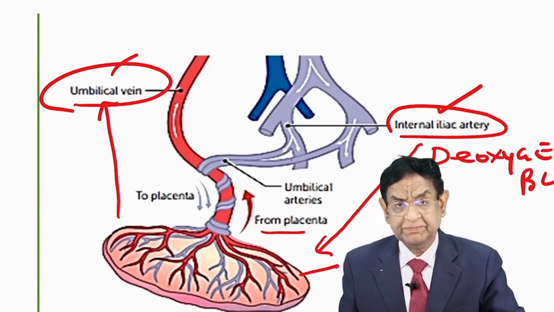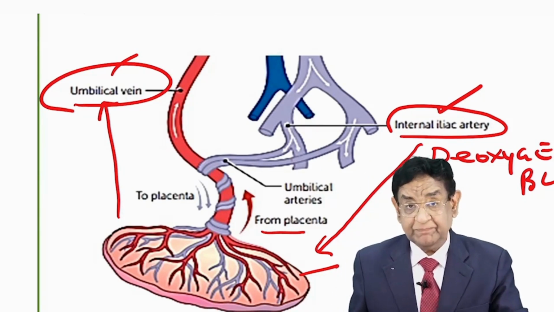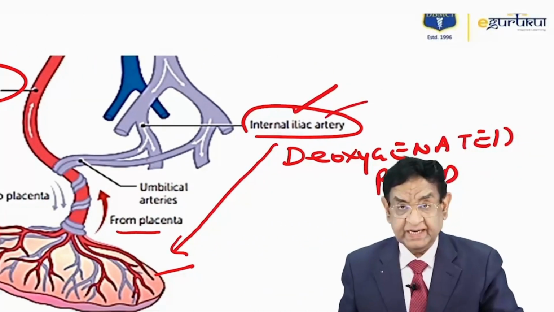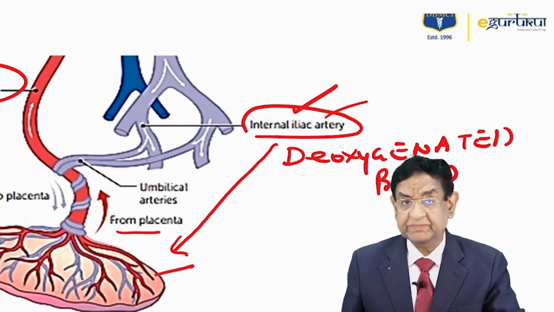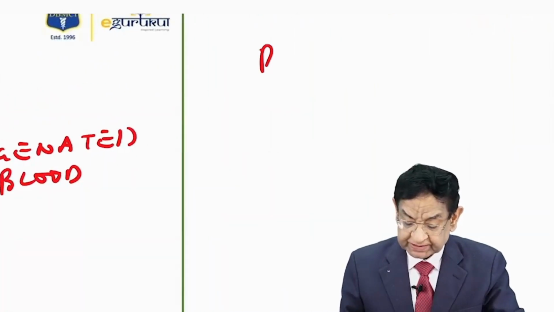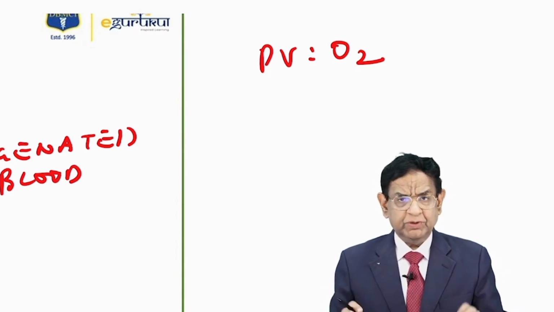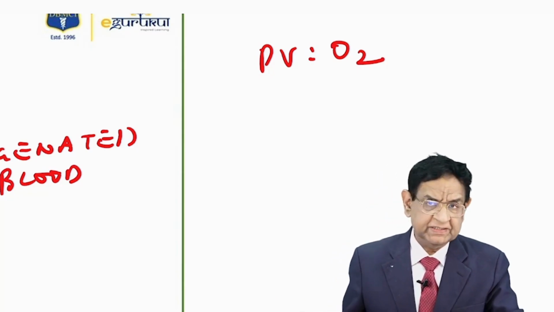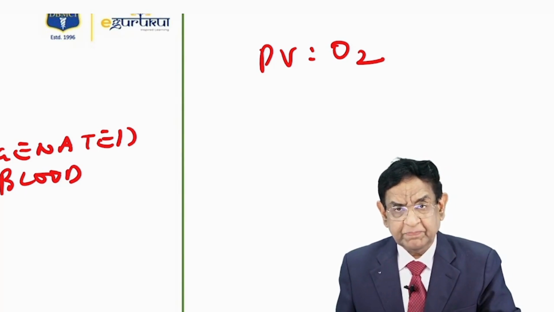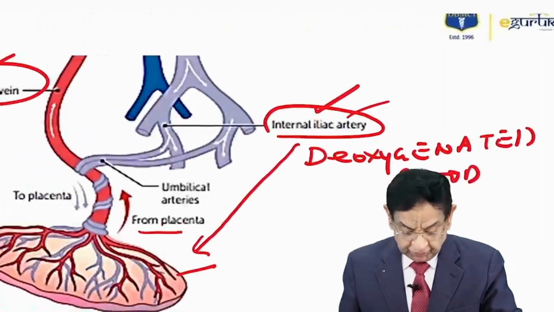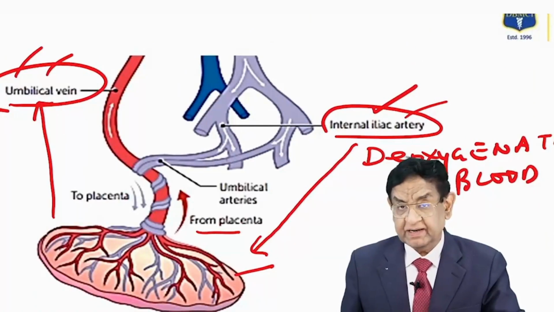So this is the one exception in the pediatric age group, that the vein has more oxygen and the artery has less. We also know that the same thing happens in the pulmonary circulation in adults. In pulmonary veins, in adults, they have oxygenated blood. So point to be noted, there are two exceptions: one is in the fetal circulation, and the other is in adults, where the veins have more oxygen than the artery. So friends, umbilical vein and internal iliac artery.